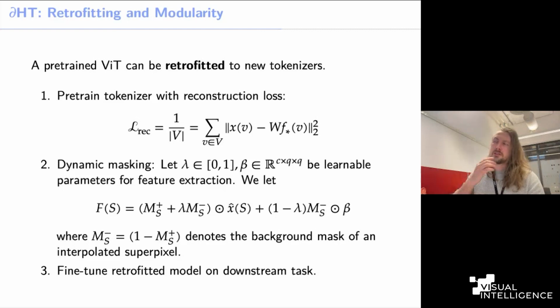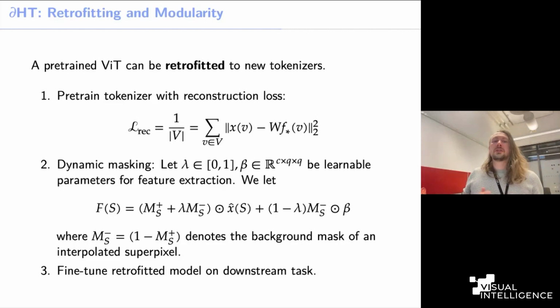The only thing we're adding to the model is a mechanism for it to decide how much of the surrounding region of each superpixel is to be included in the features. So the model learns to select the level of background features that it prefers, with a learnable background mask. This improves the convergence of the retrofitting process quite a lot, but it also adds an extra level of dynamic learning to the model.